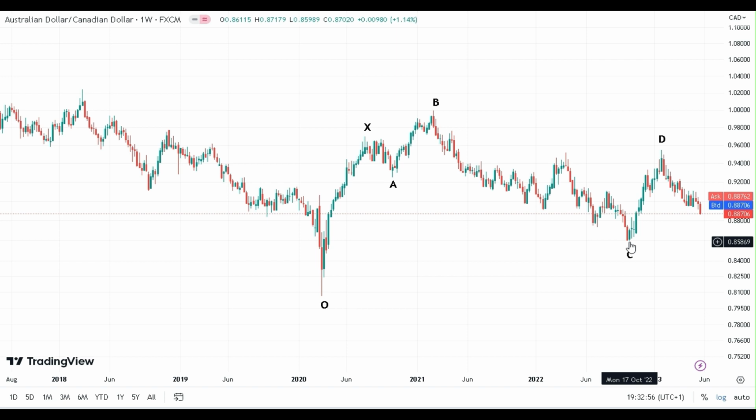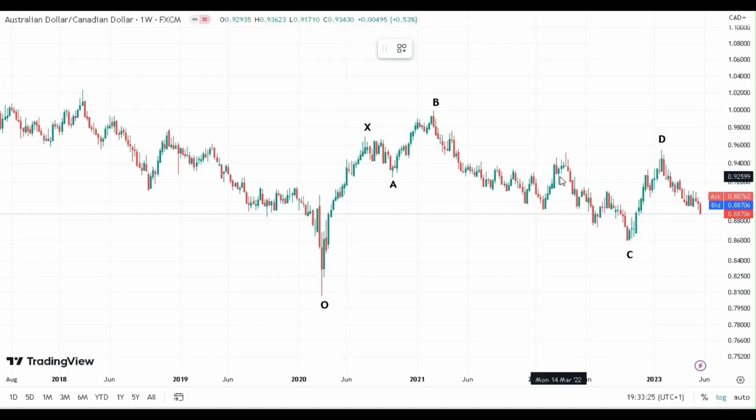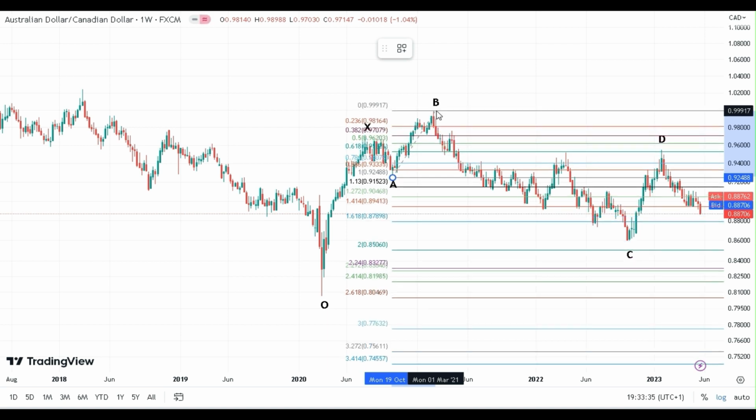So let's look for the C point. And for the C point, it should be 1.618 to 2.24 of the AB leg. So we are now taking the Fib retracement of AB. So you take the Fib tool, my AB, this is my A here, and this is my B. Good.